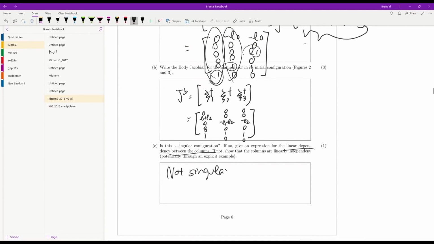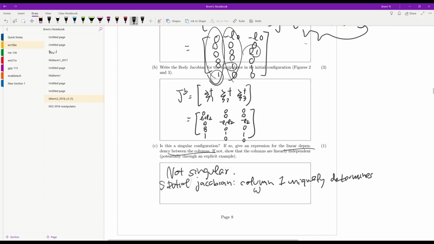And we want to show that the columns are linearly independent. And to do that, we can just say for the spatial Jacobian, column 1 uniquely determines omega z, right?